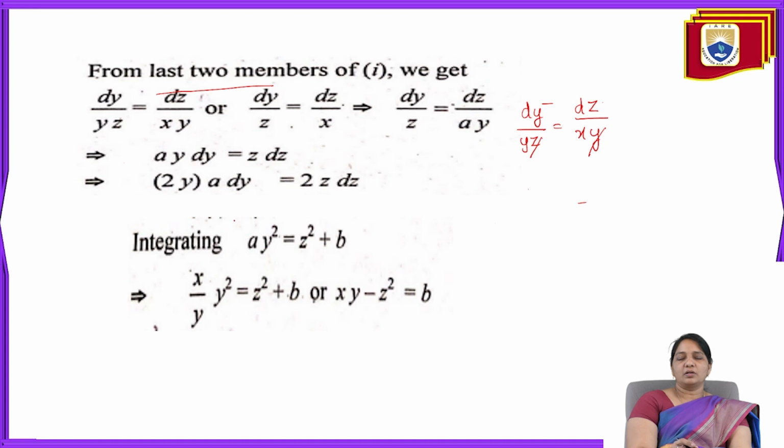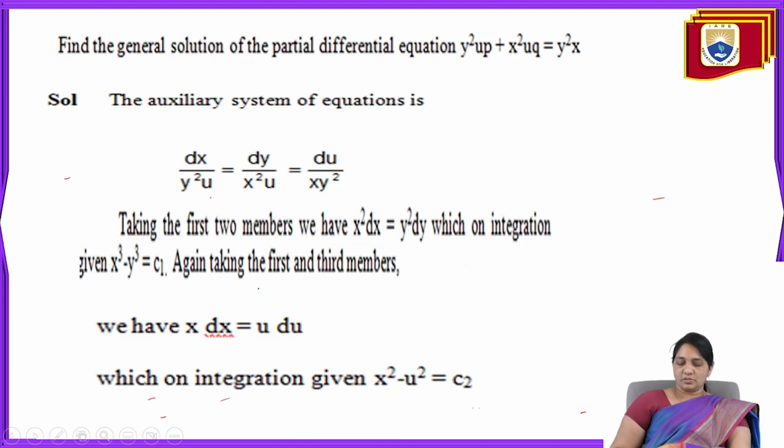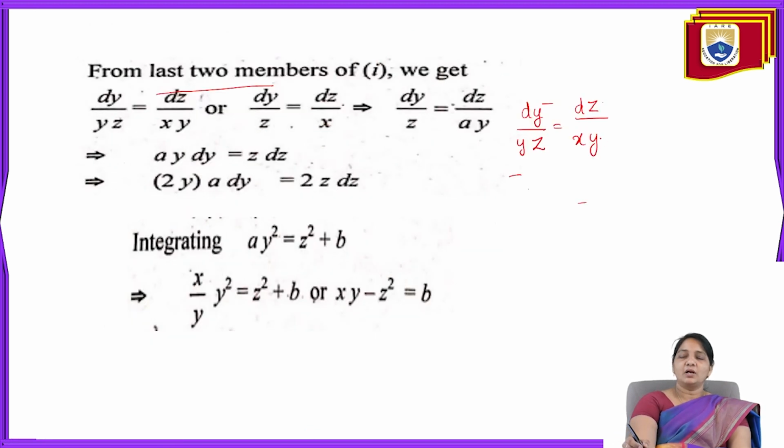So here we take dy by yz equal to dz by xy. Here y will be cancelled. You can observe one more step: these are the second and third members, yz and xy. y will be cancelled here.